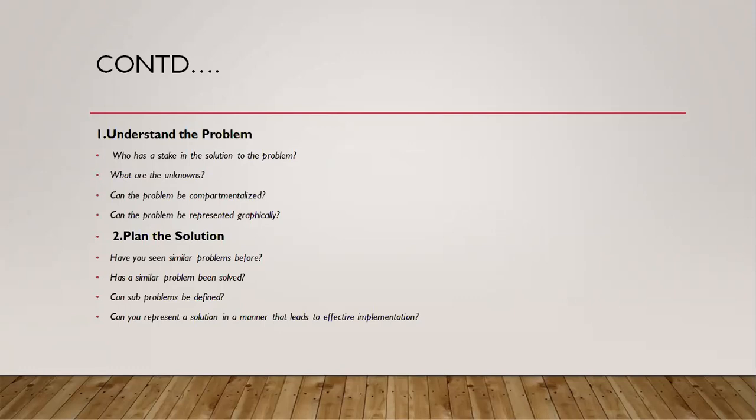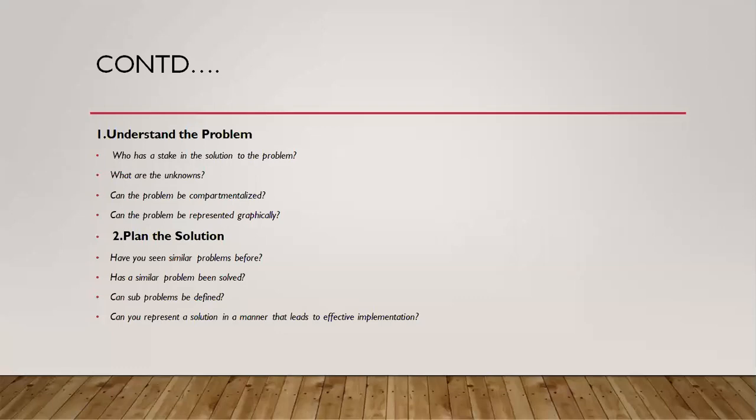Why are we going for an algorithm before executing the program? It is a step by step approach to solve a problem. This step by step approach can be converted into a flow chart, which is a graphical representation of an algorithm. Already we know the graphical representation of an algorithm.